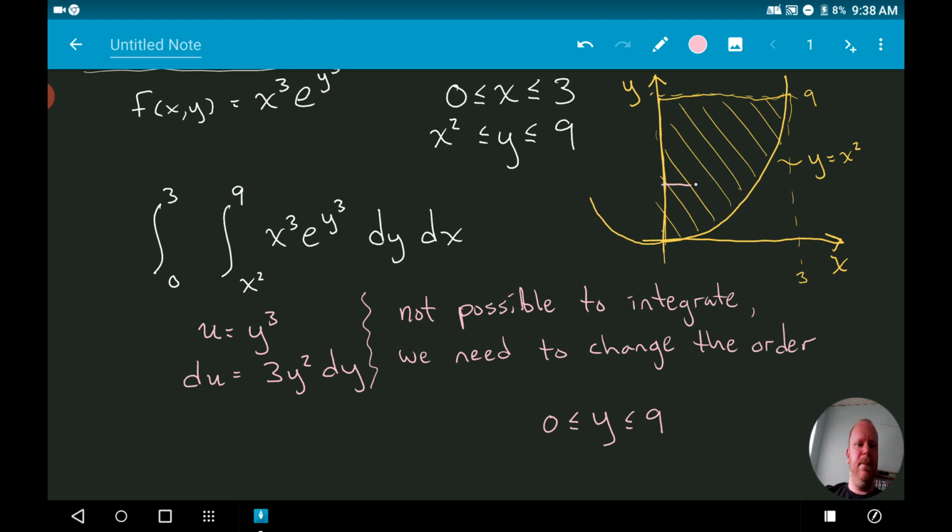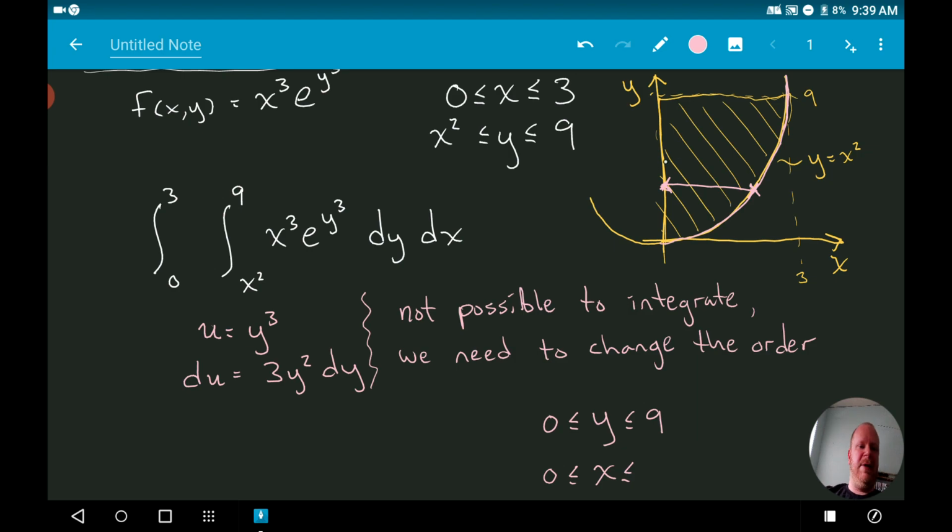And then for my x, I want to say that x is in between this line and this curve here. So x has a lower bound of 0, and then the upper bound for x is going to be this curve here. Right now what I have is that y is equal to x squared.